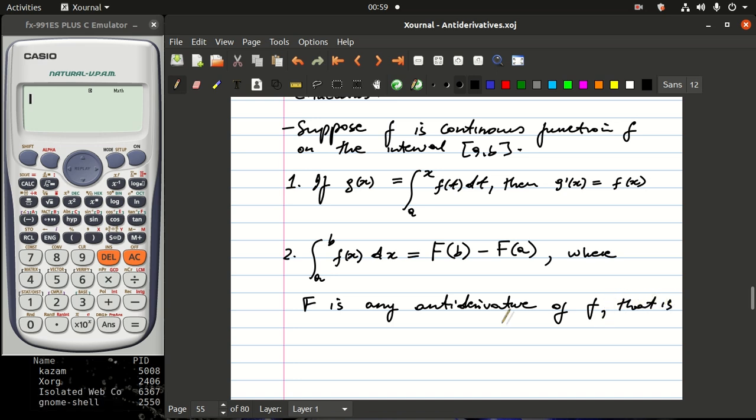That is, if you take F prime of x, you're supposed to end up getting f of x. This one we have been doing every now and then, and we knew it as the evaluation theorem, or we used this to find the net area under the curve. Also, it is the definite integral, so we are familiar with number 2.